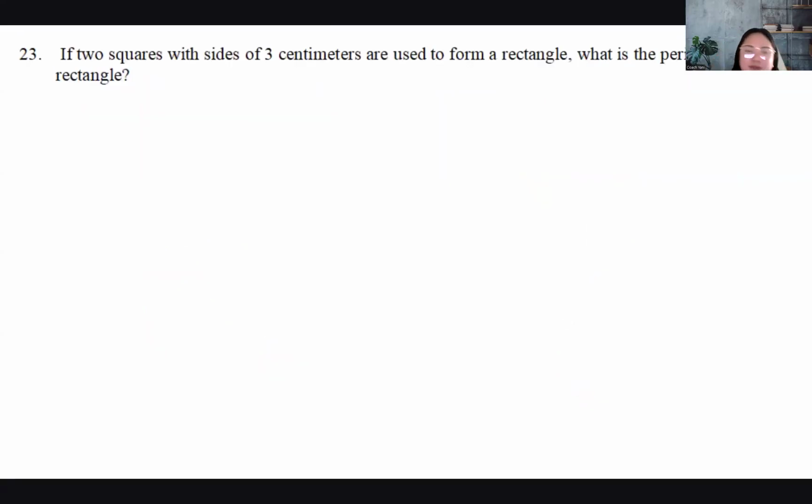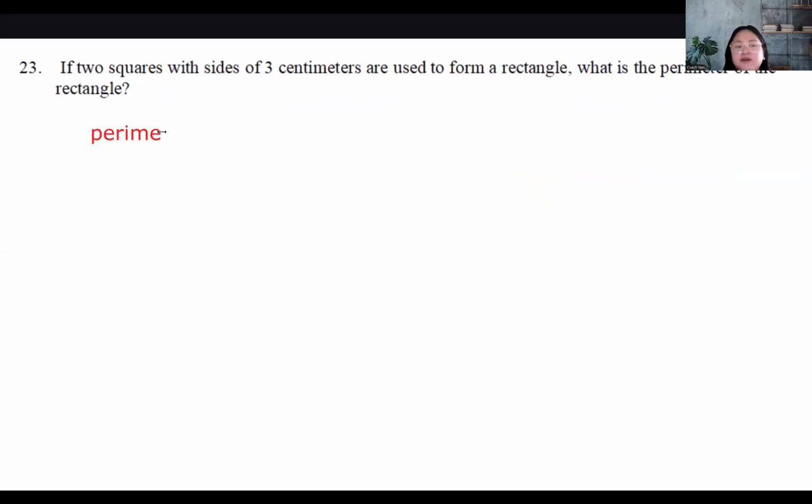If two squares with sides of 3 centimeters are used to form a rectangle, what is the perimeter of the rectangle? So, when we say perimeter, this is the sum of all the sides. So that's why it's important to remember that sides are just outside lines.